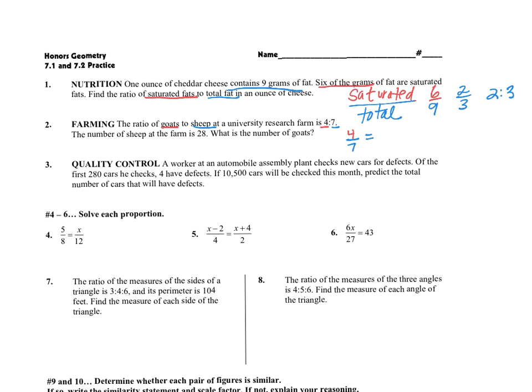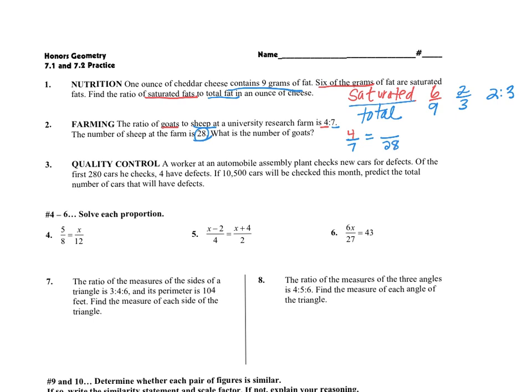And then we are told that the total number of sheep at the farm is 28, which means the number of sheep are located in the denominator, so that's going to go there.